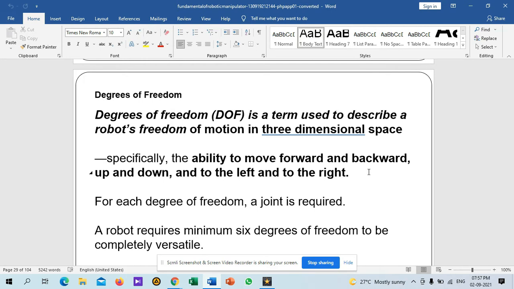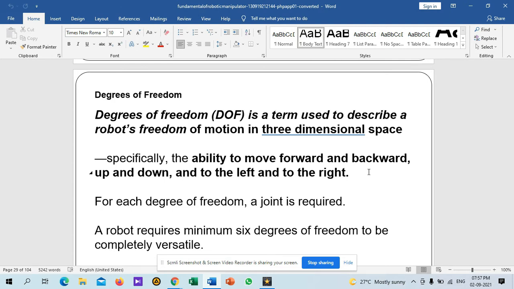Degrees of freedom of a rigid body are defined as the number of independent movements it has, the number of independent positions. The number of degrees of freedom is equal to the total number of independent displacements or aspects of motion. The number of joints determines the manipulator's degrees of freedom, right?